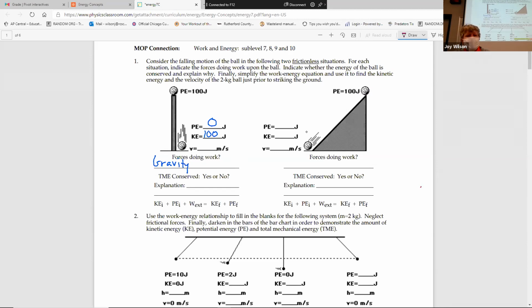All right, so is our energy conserved? Yes, energy is going to be conserved. The only time energy is not conserved is with friction. No friction, no air resistance, so no energy change.